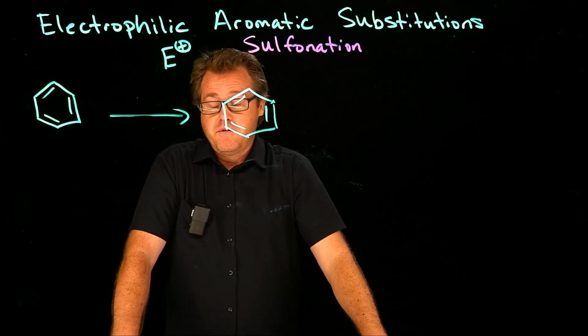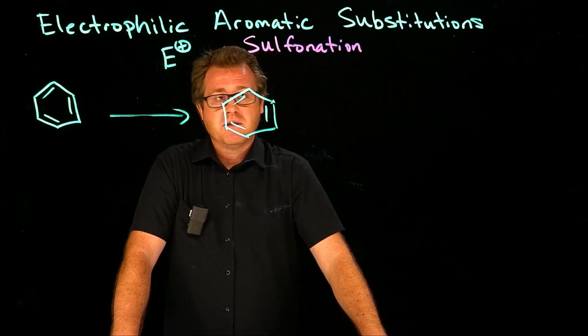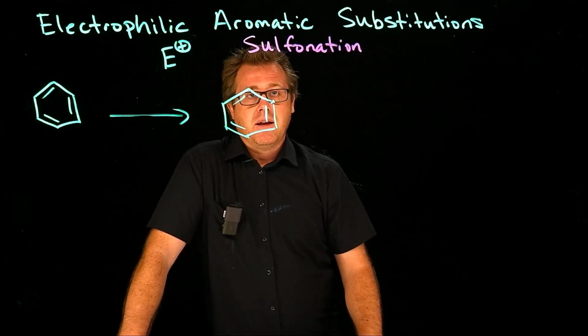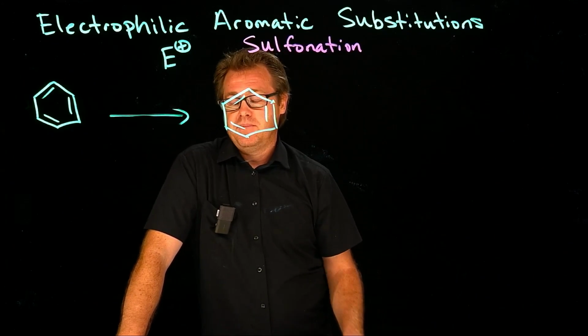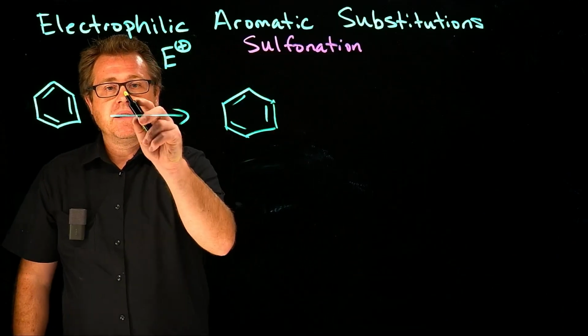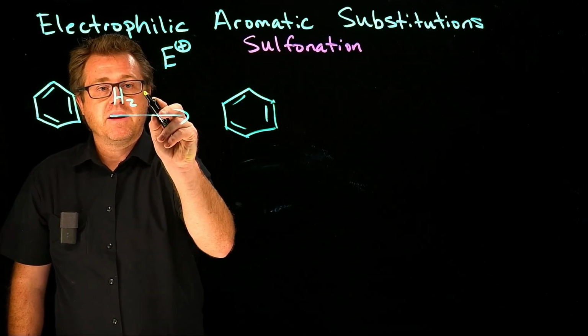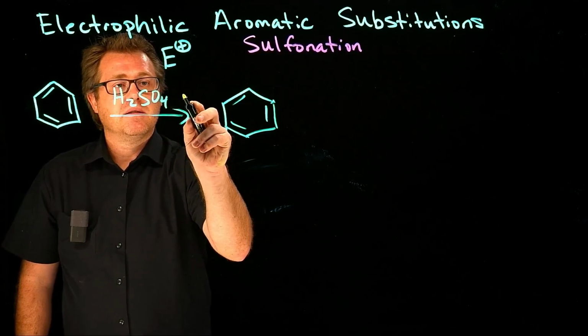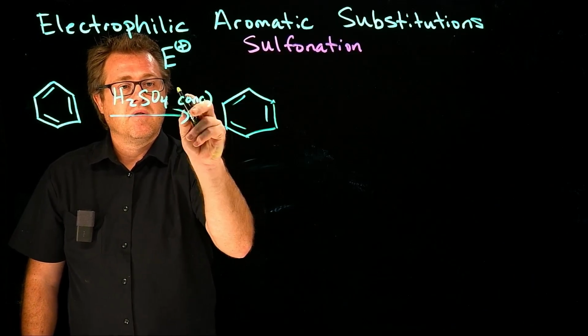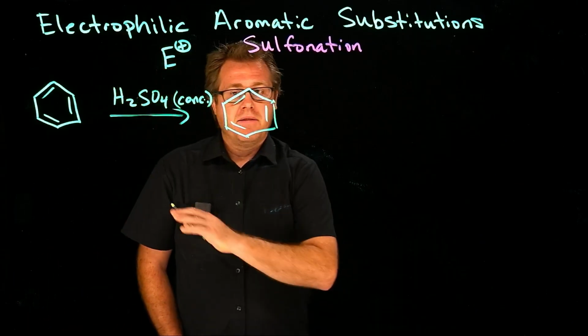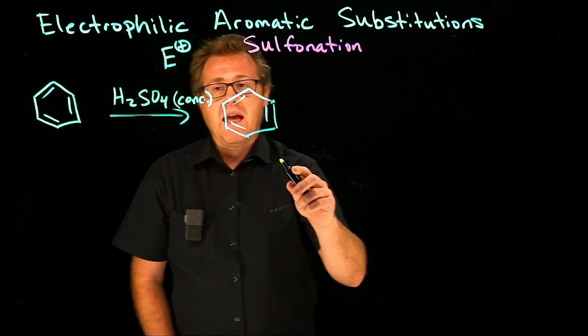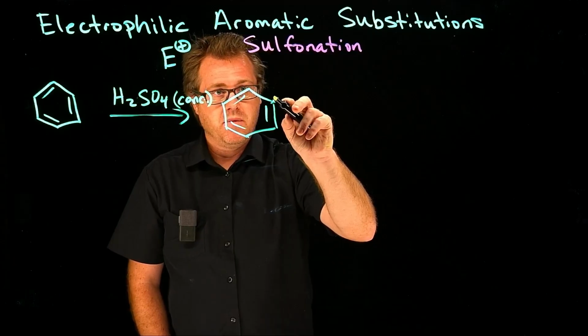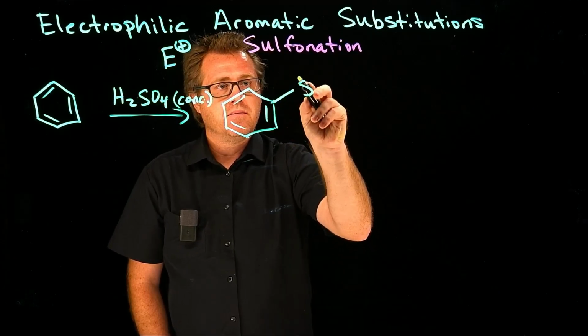Another electrophilic aromatic substitution reaction is a sulfonation reaction, in which you can take concentrated sulfuric acid, and that's it. You can add a sulfo group, which looks like this.